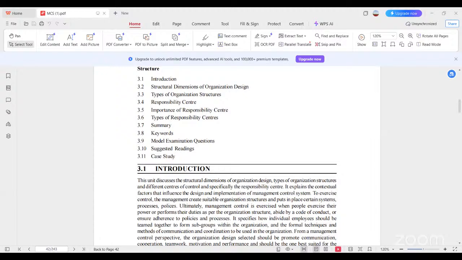Because management control is exercised not only through budgets, performance reports or incentives, but also through your organization structure, the rules and procedures, the policies, the code of conduct, right? For that purpose, we are using organization design as a powerful tool in your management control system.